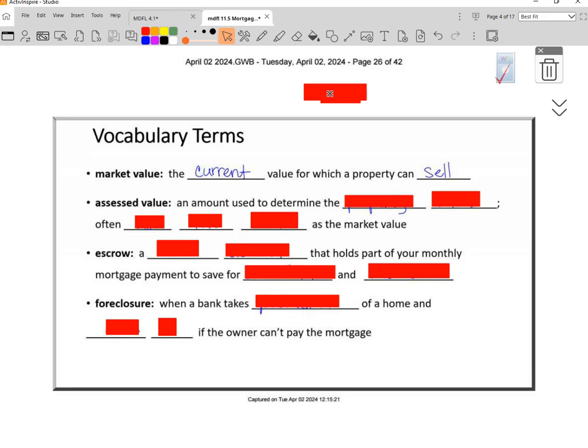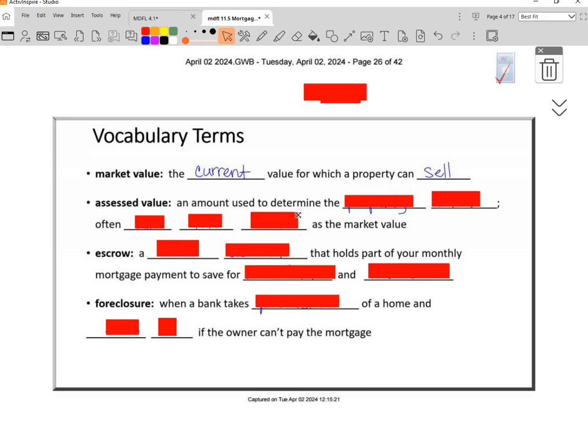If you've ever gone to a restaurant and you want to buy the fish, fresh catch of the day, they'll say market price. That means whatever that's worth, that current value today, it might change, right? Just like the market value of a home can change definitely from year to year, sometimes month to month, right? What people are willing to pay may change over time.